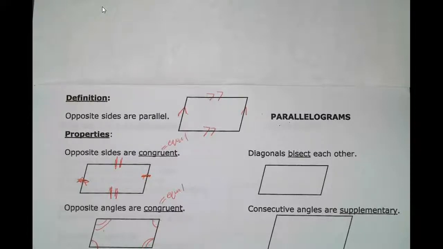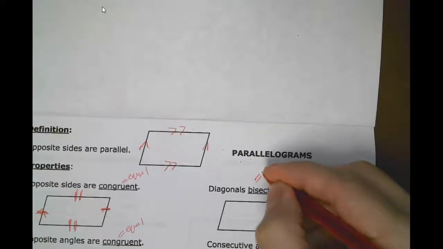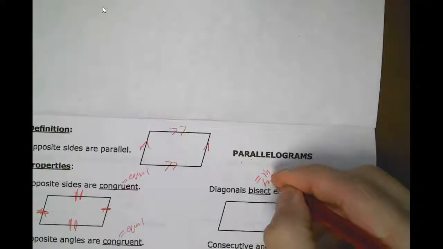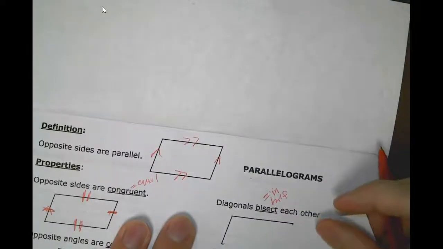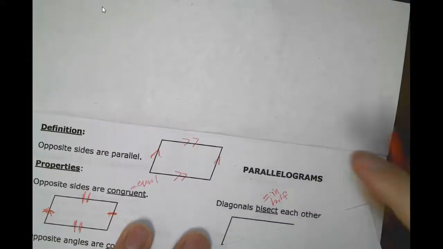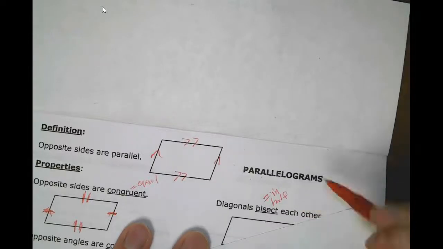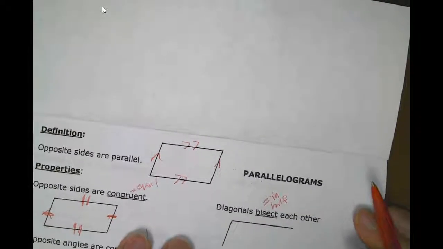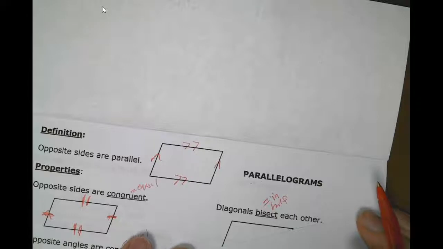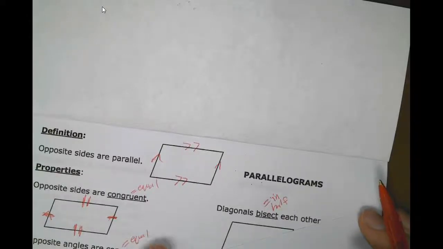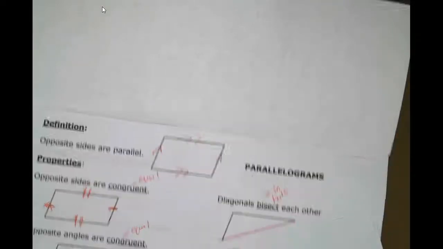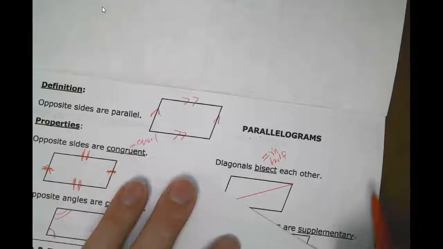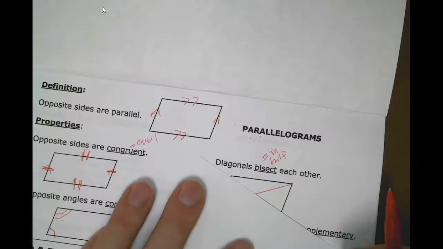Diagonals bisect each other. Bisect means split in half. So if we have two diagonals, one diagonal here, split in half, or I just wrote in half. This diagonal here, that diagonal is the same as this diagonal.